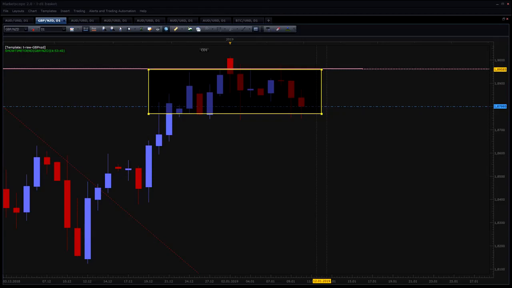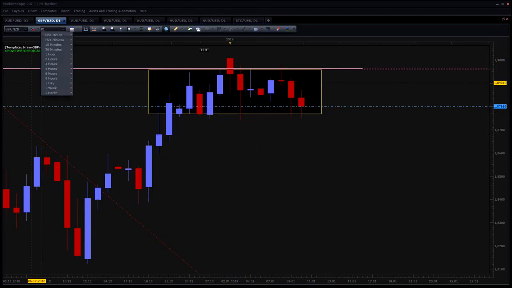There we go. This is consolidation. Trying to get in as many lows as possible that are on a similar level, and as many highs on a similar level. And that's that. So it's a waiting time.